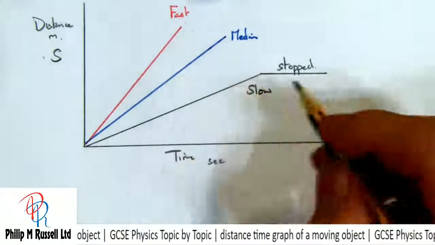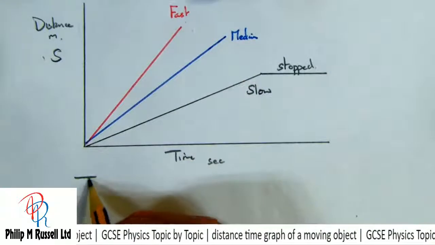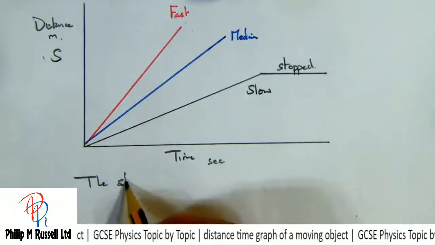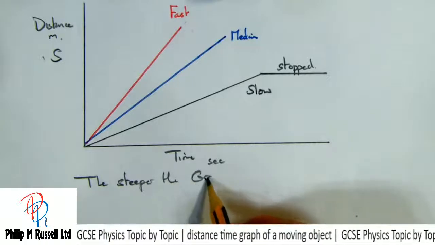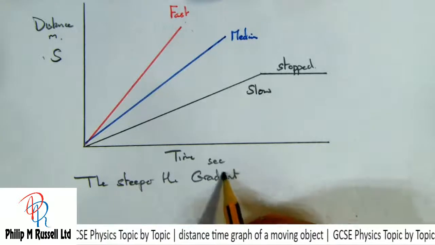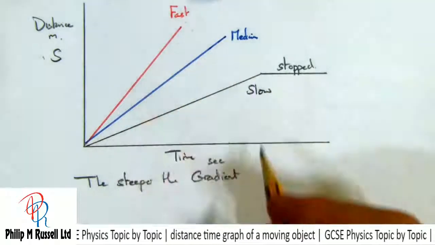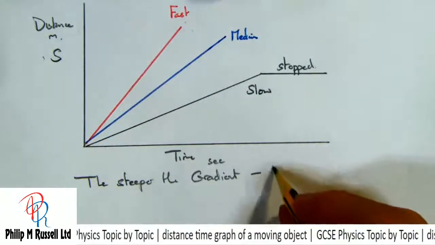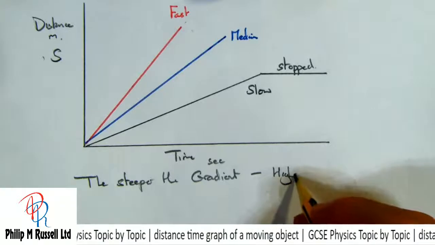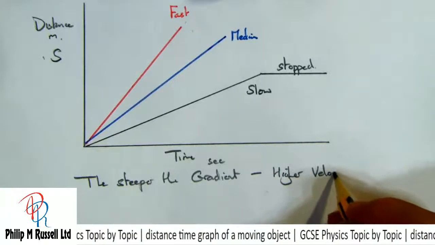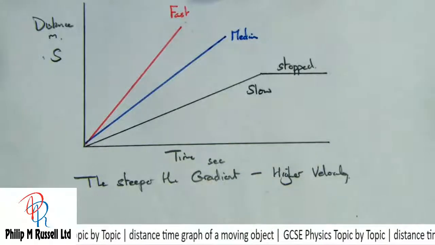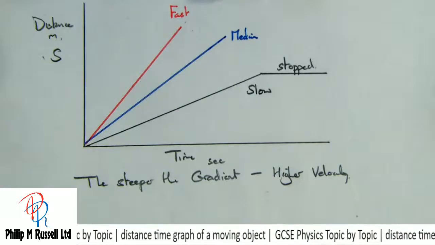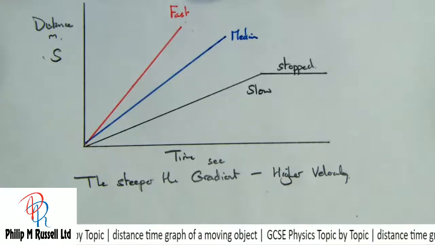The steeper the line, and I'm going to use the word gradient here, the steeper the gradient, it means the higher the velocity. And that works not just using the smart cart, but it also works using me.